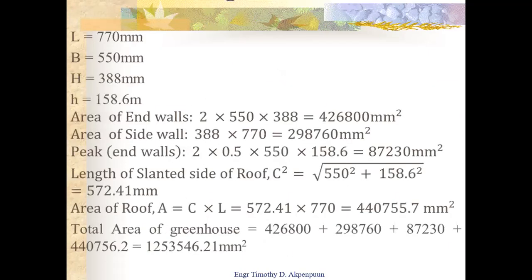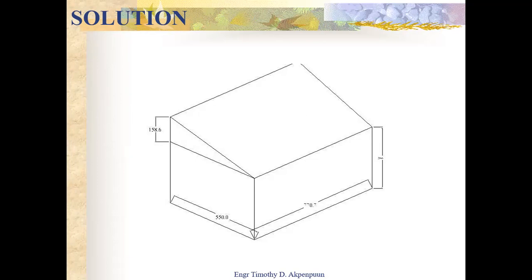Okay. Now, since you have separated this roof into 3 parts, 2 triangles and 1 rectangle, the longest side of the rectangle is what? 770.